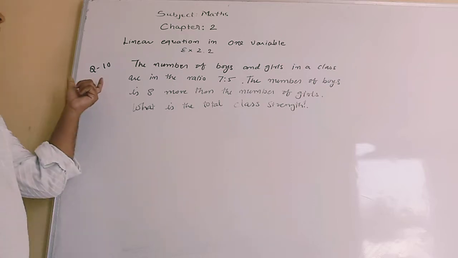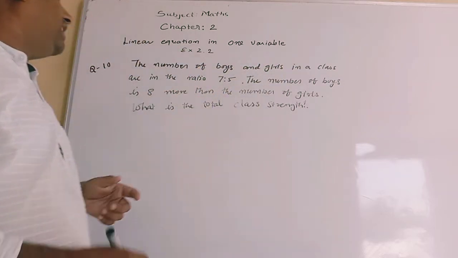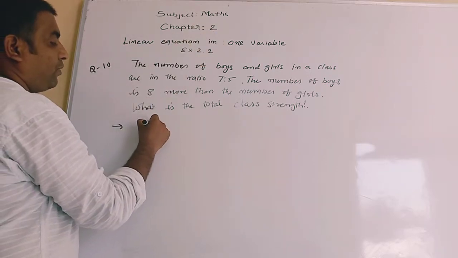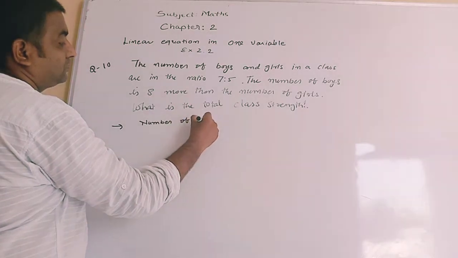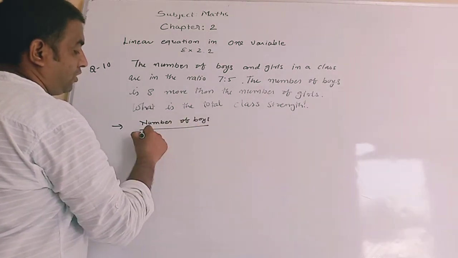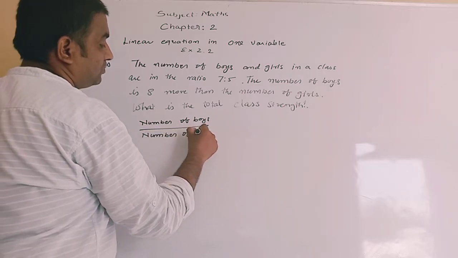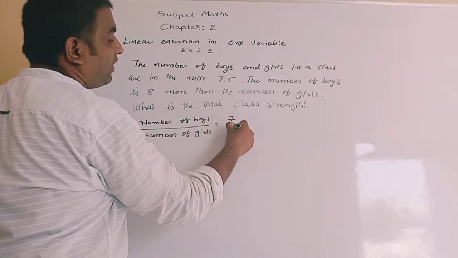We have question 10. The number of boys and girls in a class are in the ratio 7:5. So number of boys upon number of girls is given in the ratio 7/5.